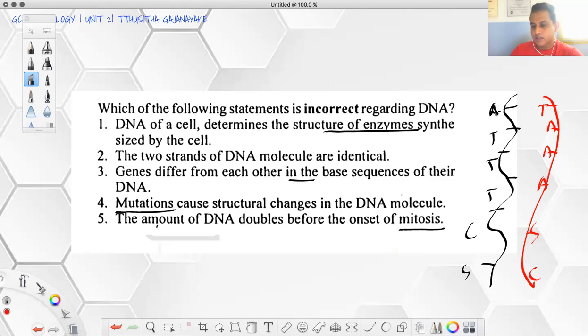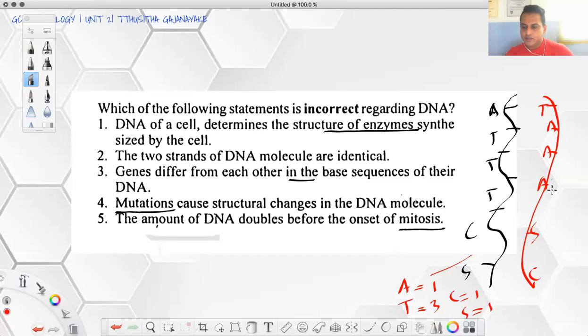Now if you take the number of nucleotides here, one thing is their order is different, and the composition is also different, because on this side adenine is only 1, thymine is 3, cytosine 1, guanine is 1.